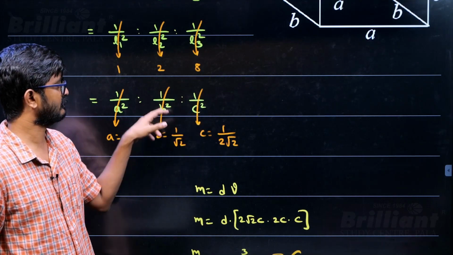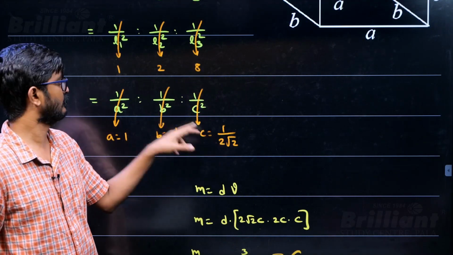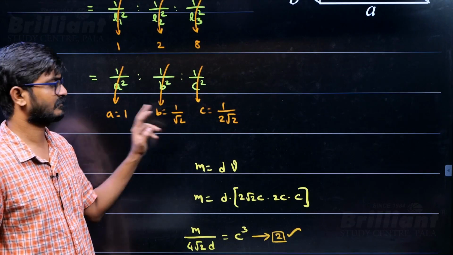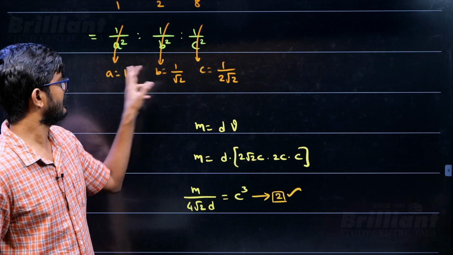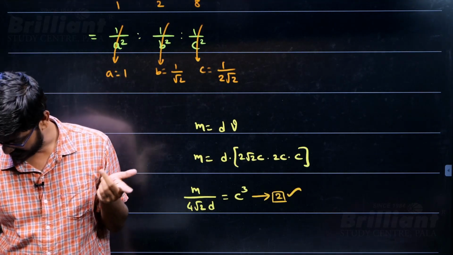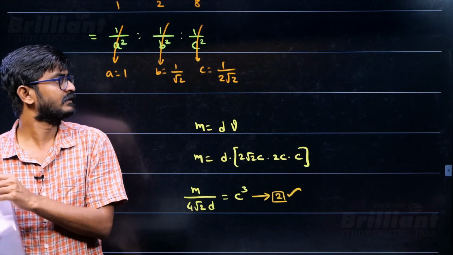So this is 1 by c squared, this is 1 by b squared, this is 1 by a squared. So 1 by c squared is 8, so c will be 1 by 2 root 2, with some constant factor. They have asked to find c, and the options are in c, so we will try to write everything in terms of c. So what is a?